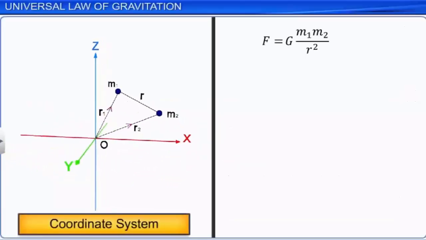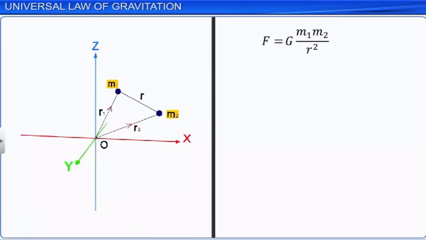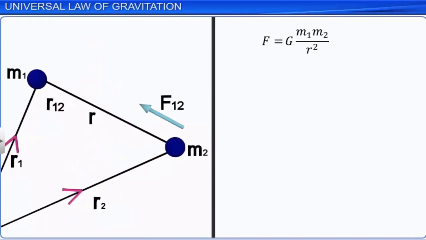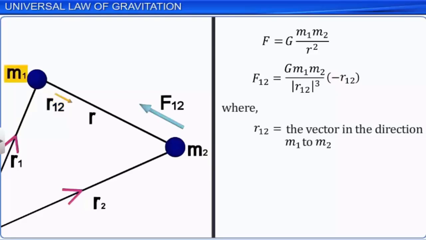Now, let's consider a coordinate system having position vectors r1 and r2. When we apply the law to two point masses m1 and m2 in the coordinate system, we get the mathematical expression for the gravitational force of m1 on m2 as F12 is equal to G m1 m2 by mod of r12 cube into minus r12, where r12 is the vector in the direction m1 to m2, which is equal to r2 minus r1.